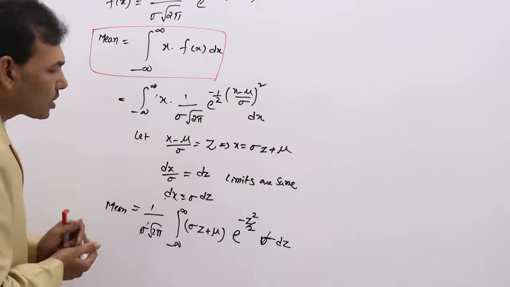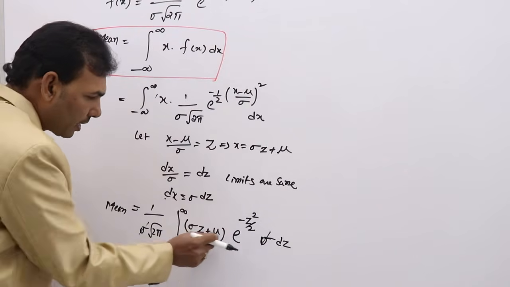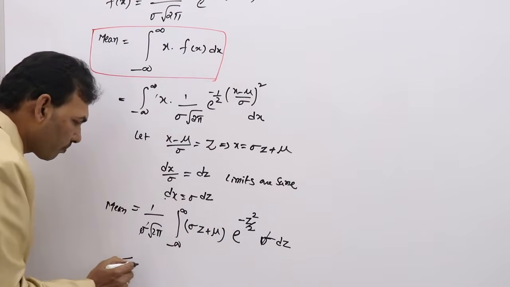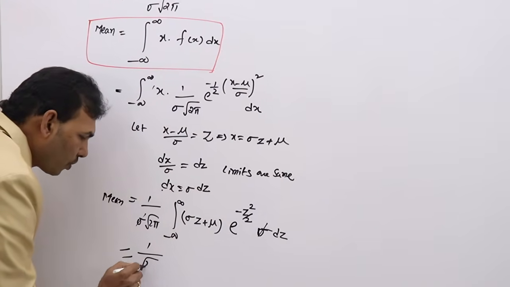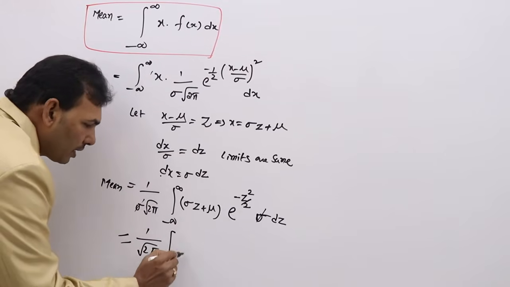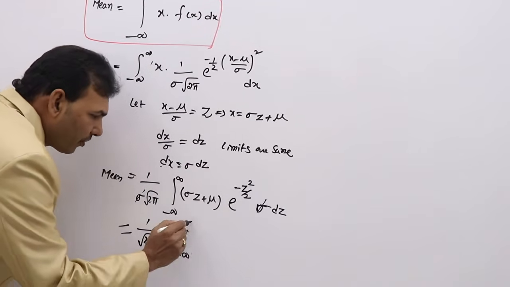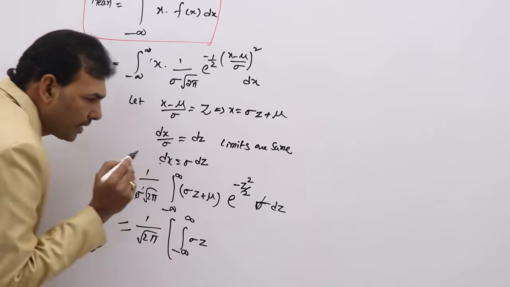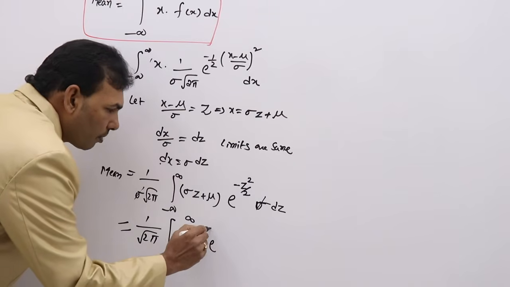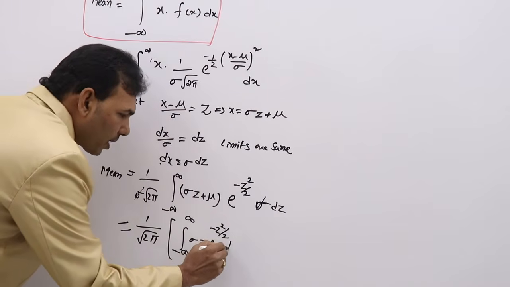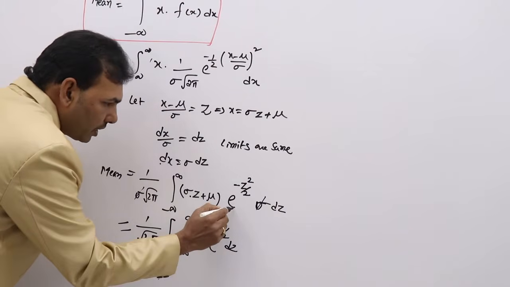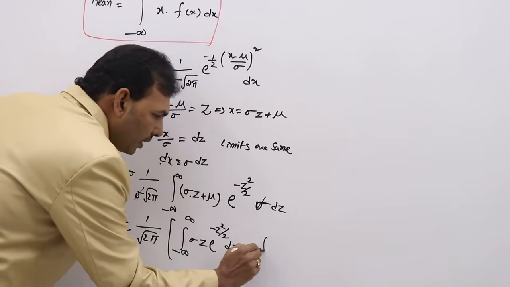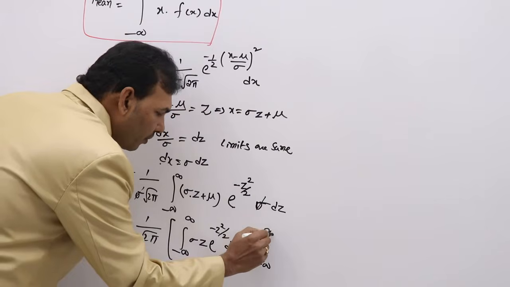Now we can split this into two integrals by multiplying sigma z and mu with this. Then 1 by root 2 pi, integral from minus infinity to infinity of sigma z e to the power of minus z square by 2 dz, plus integral from minus infinity to infinity.